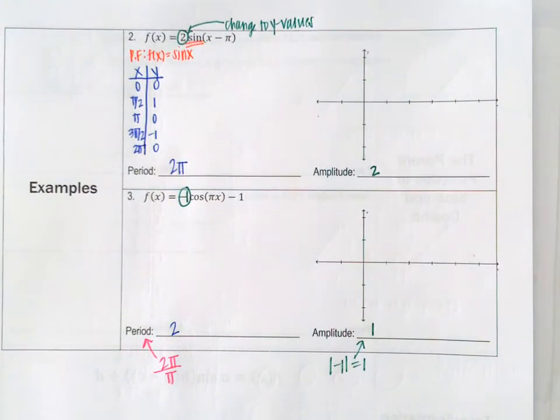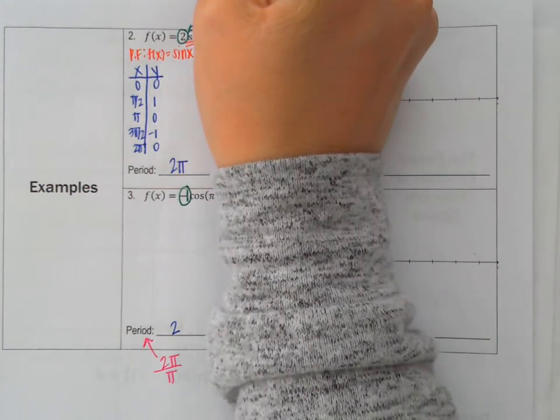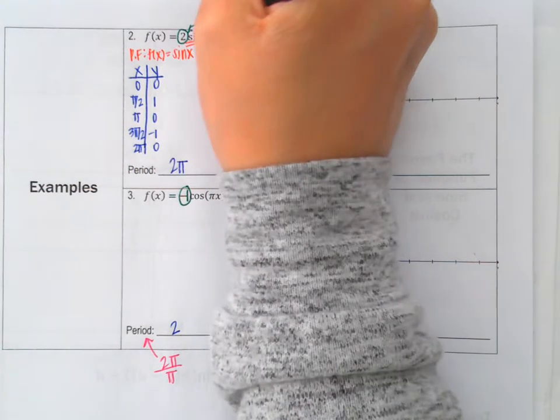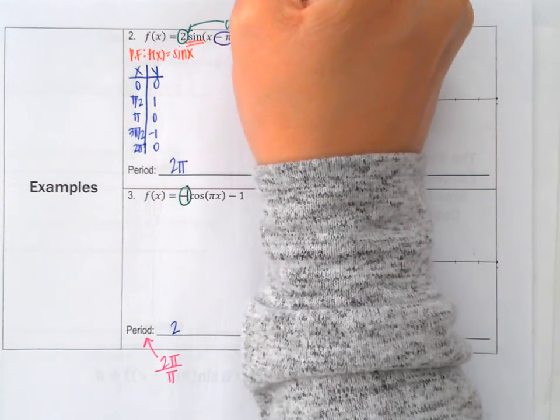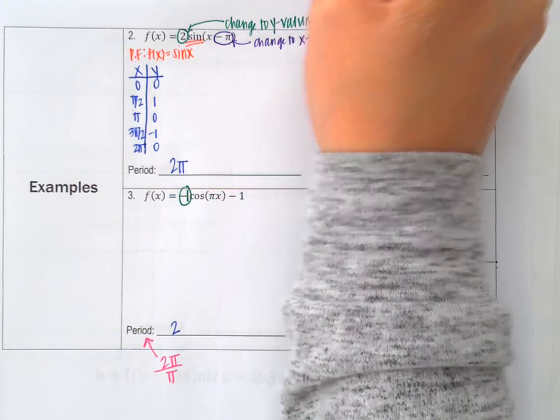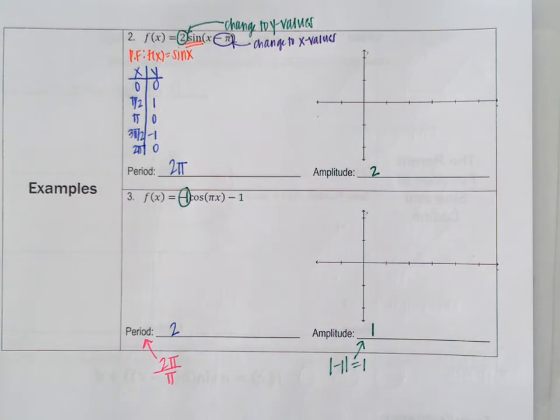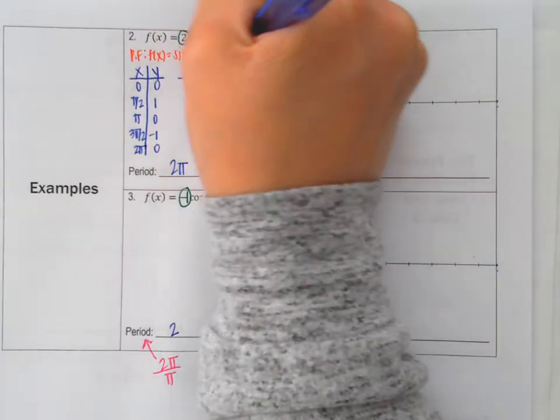And then that minus pi. Is that going to be a change to the x or a change to the y? It's going to be a change to the x. Okay, so we're going to apply those transformations into our middle table.